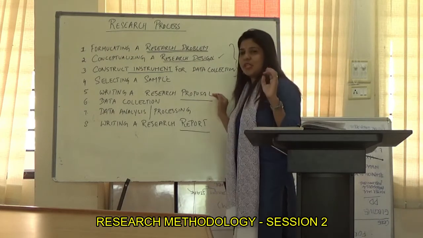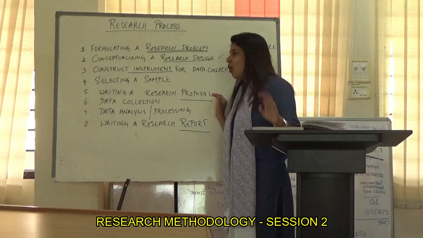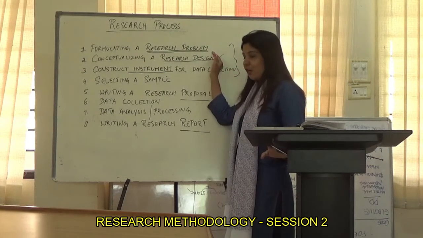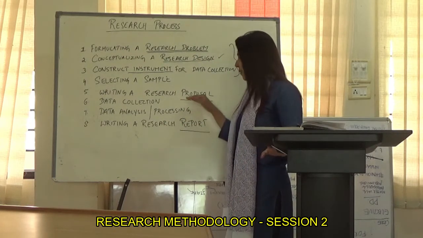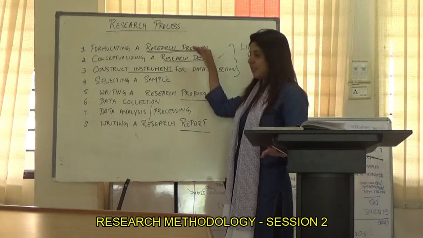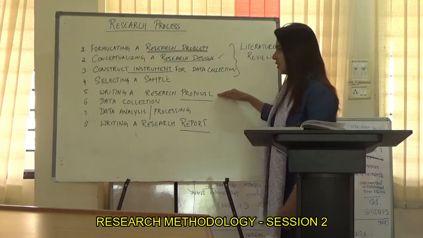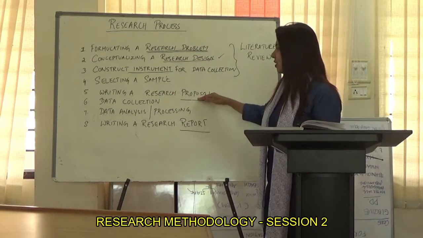A research proposal gives you a clear-cut idea of what research you are going to take up and how you are going to do it, along with the planning process, the implementation phases and the planning phases. So your fifth step should be distinguished like this.